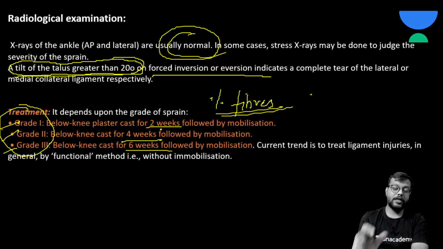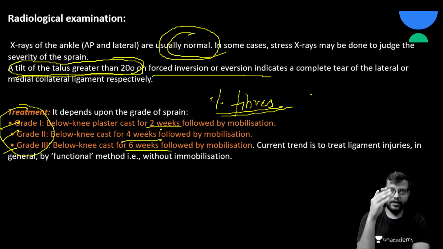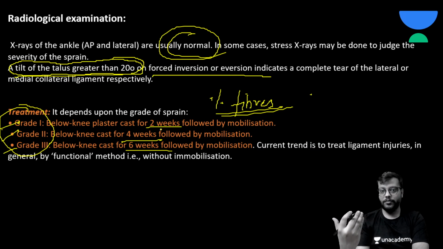So मेरी हर स्लाइड में, हर फ्रैक्चर में you will get a systematic thing कि फर्स्ट ऑफ ऑल कोई भी शॉर्ट नोट पे फ्रैक्चर आया तो फर्स्ट ऑफ ऑल शॉर्टली यू हैव टू राइट द एनाटमी, okay, then you have to go for the mechanism of the injury, then you have to go for the signs and symptoms, clinical features, the radiological finding, if there is any classification associated with it, then you have to go for the treatment, conservative है, undisplaced है, displaced है, open or compound, then you have to go for the complications.